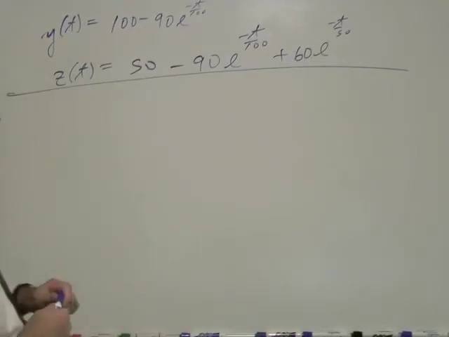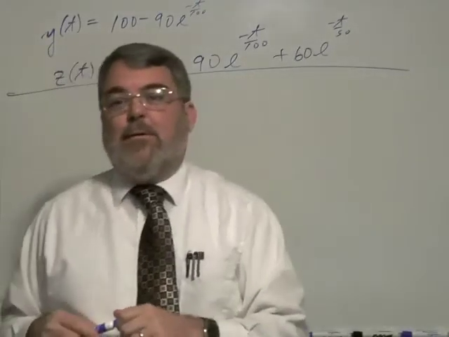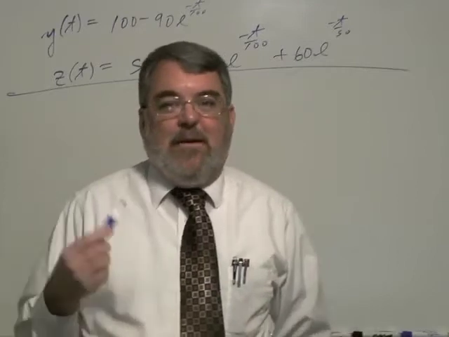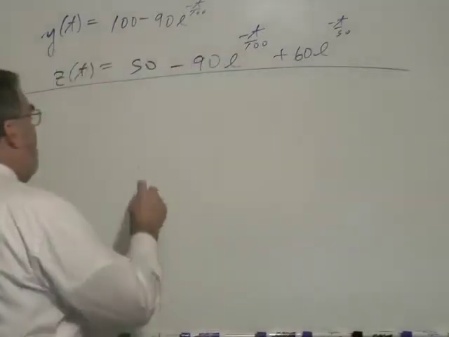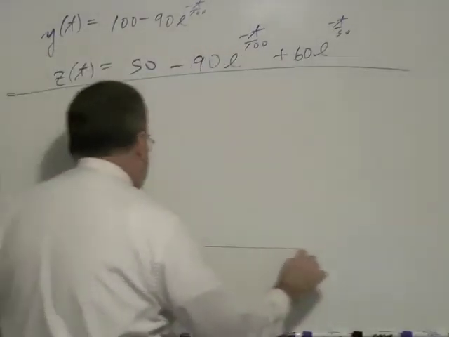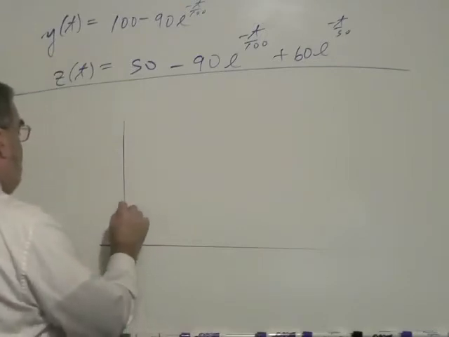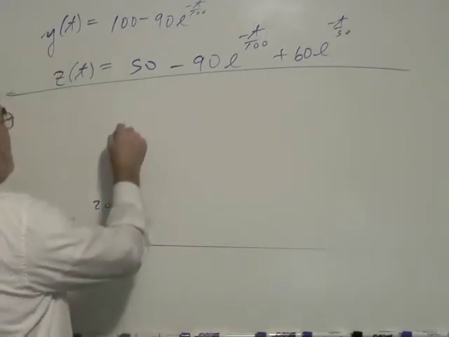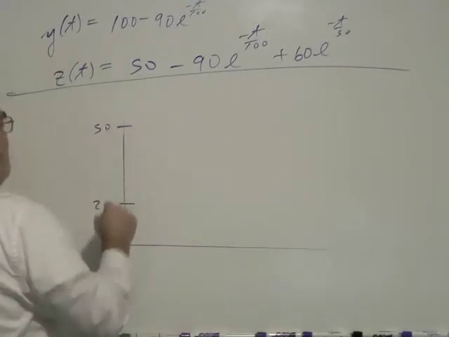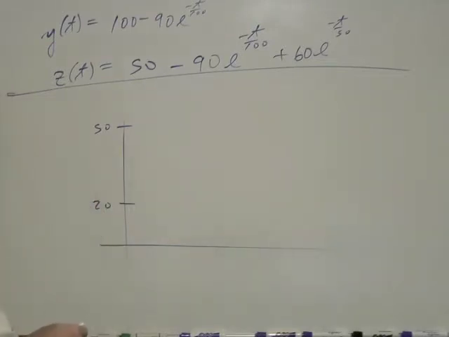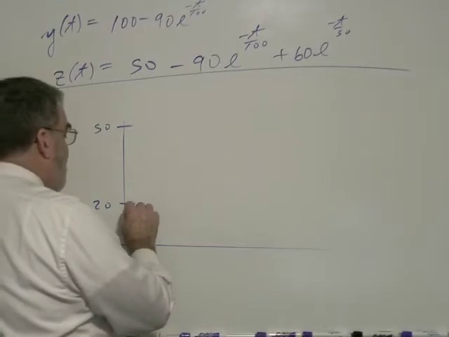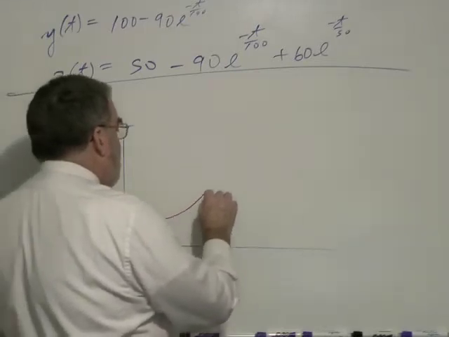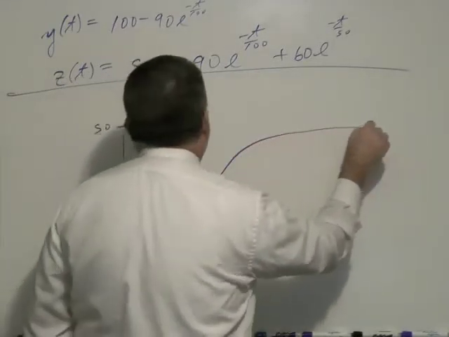Alright, now I worked this out earlier and graphed this, and the graph looks like this, if I recall right. We start off with 20 pounds and eventually it levels off at 50. And the graph dips down a bit and comes up and then goes over like so.